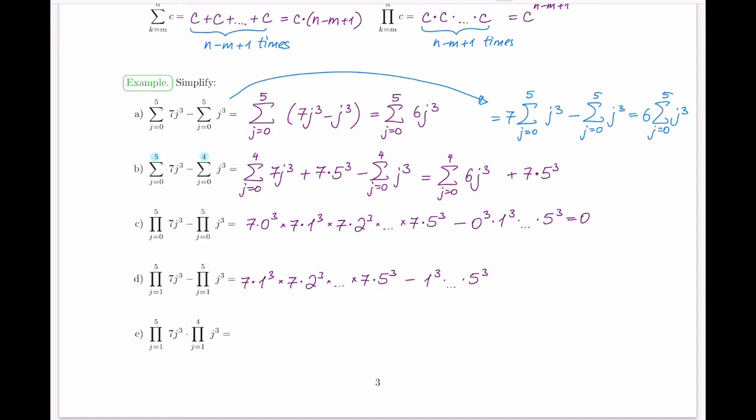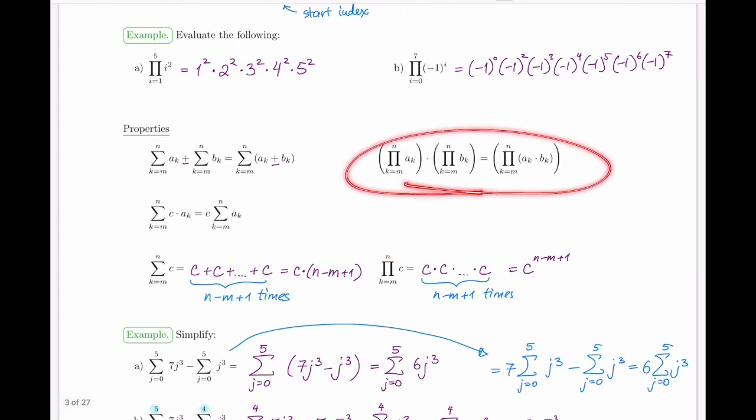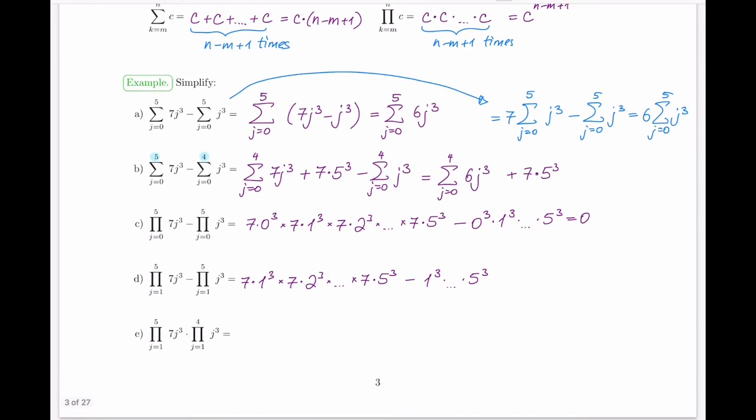Okay. Finally, I have 2 products connected with a product. So I hope to be using the law that looks like this. But I cannot do so directly yet because I don't have the same ending indices. So before I can apply that law, I have to figure out how to separate the final index. As with massaging the sums, you can massage the products the same way.